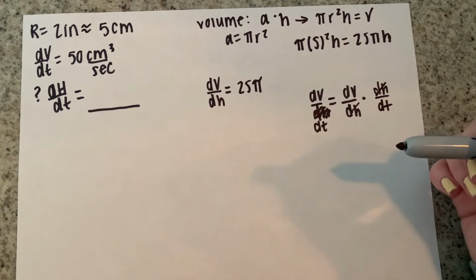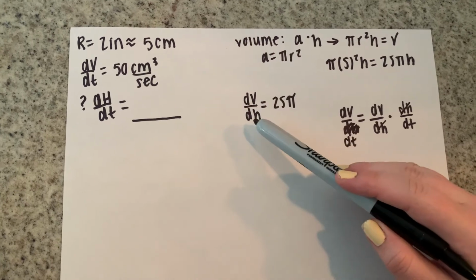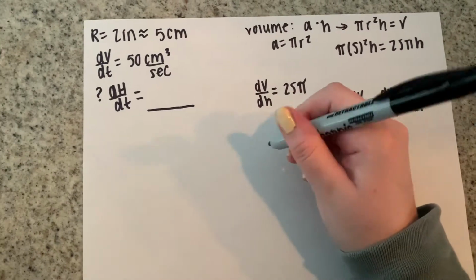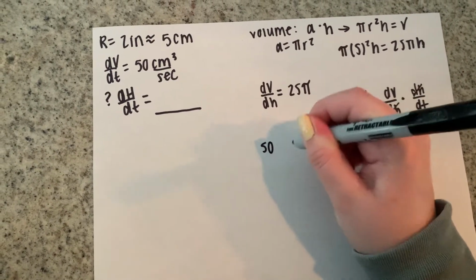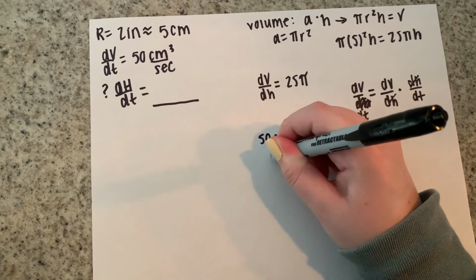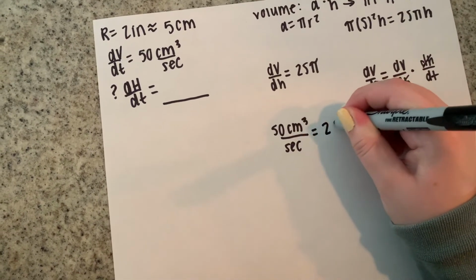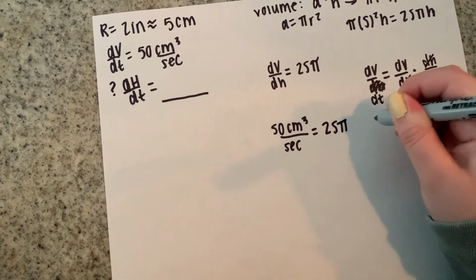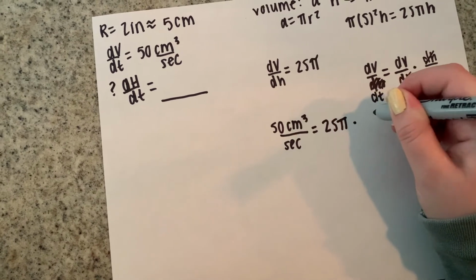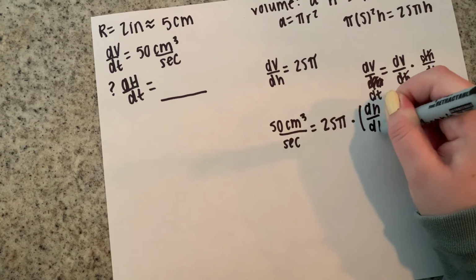So because of that, we can plug in 50 centimeters cubed per second equals 25 pi times our unknown variable of dh over dt.